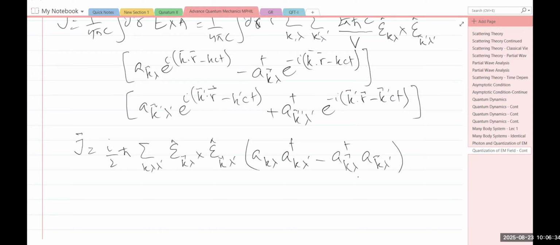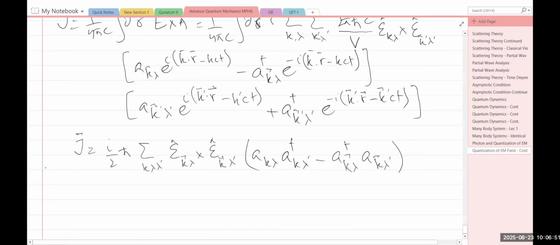Yeah. So when summed over both lambda and lambda prime, we would get, in fact, two polarization vectors which are crossed with each other, and that would represent the direction of the propagation of the field. Yeah.